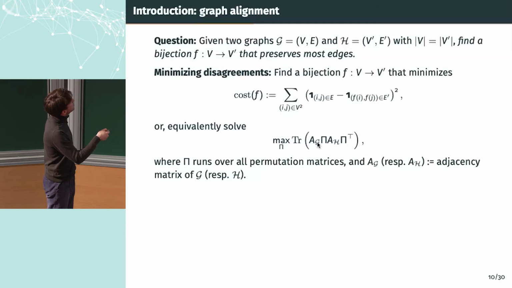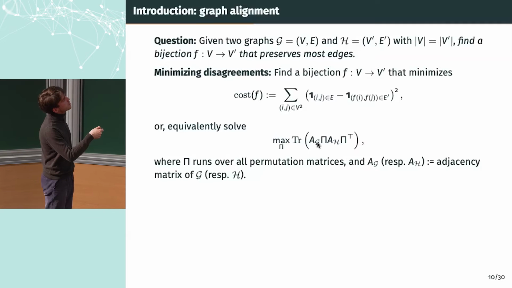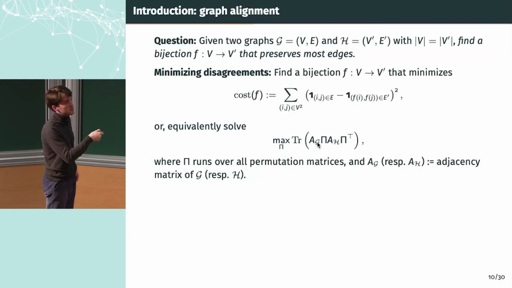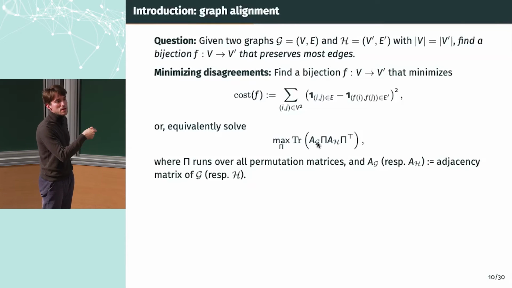This cost is just the number of edge disagreements between the first graph G and the second graph H, relabeled by this permutation f. In the case where the graphs are isomorphic, there is an f such that the cost is 0, which is the isomorphism. But in generality, maybe the optimal cost is not 0, and we still want to minimize it.